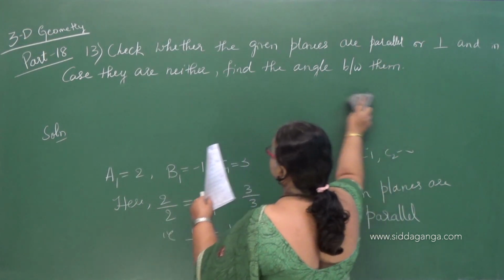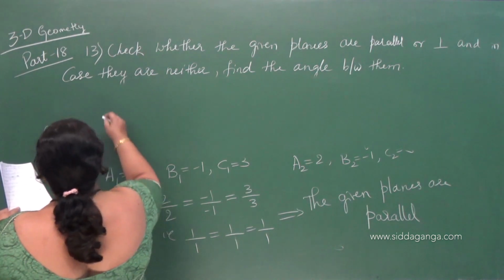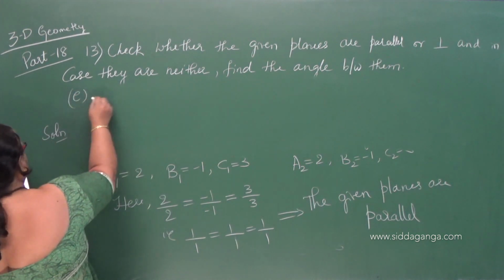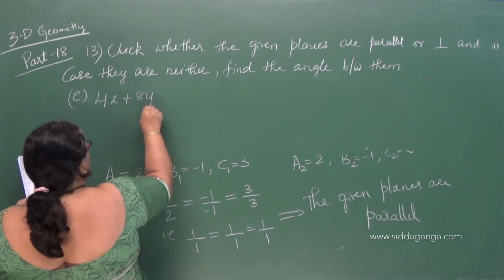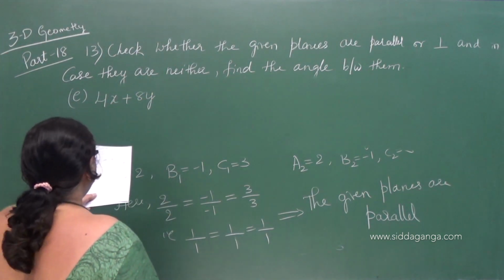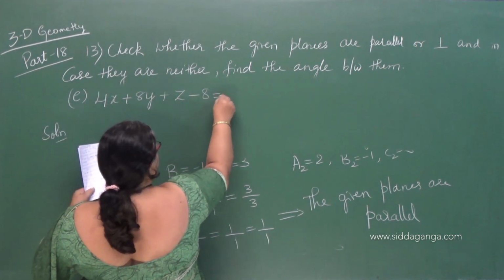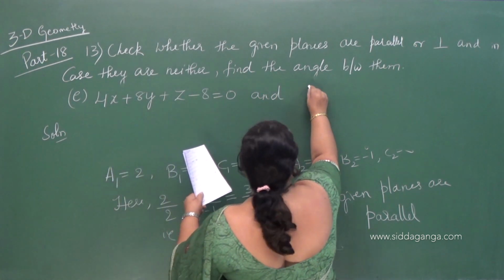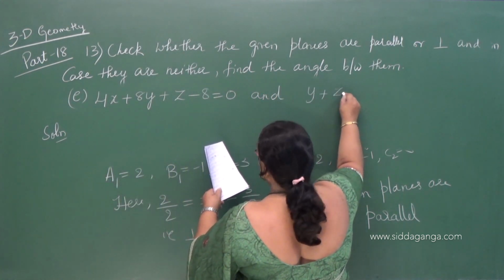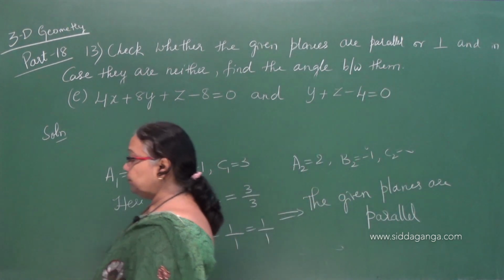Here we have to observe the components of the normal vector. Now the fifth problem: the given planes are 4x plus 8y plus z minus 8 equal to 0, and the second plane is y plus z minus 4 equal to 0.